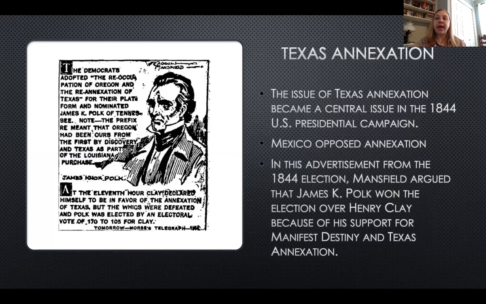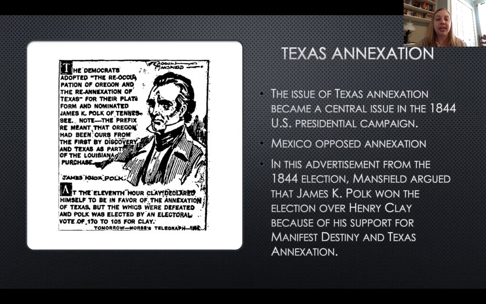Mexico is opposed to annexation, but popular opinion as a result of the 1844 presidential election shows that the US public was actually in favor of Texas annexation. The South was very seriously in favor of Texas annexation because they wanted to add another slave state to maintain the balance of power within the Union.